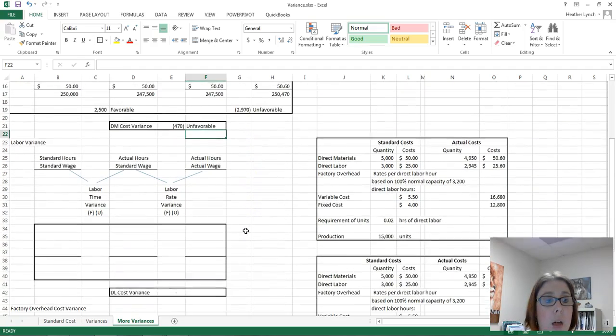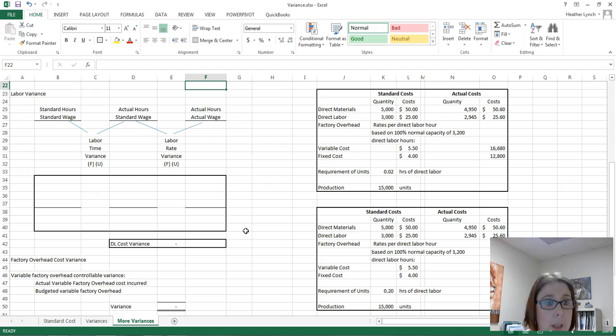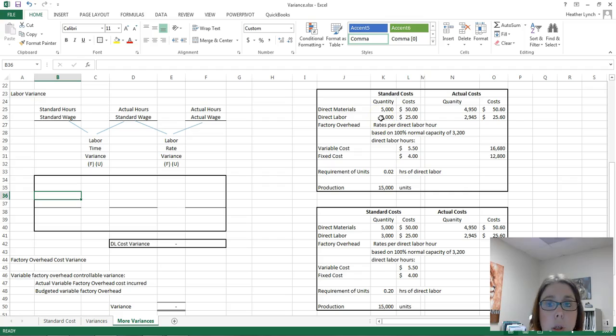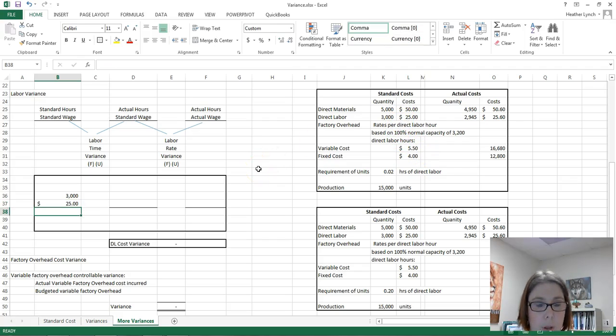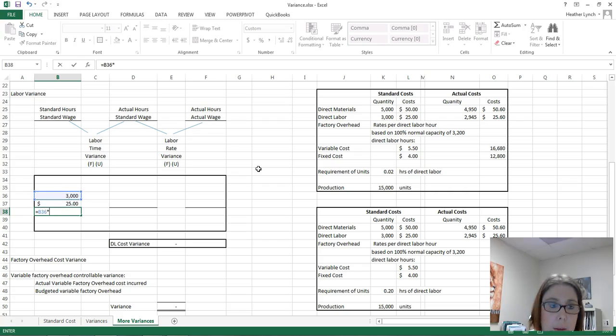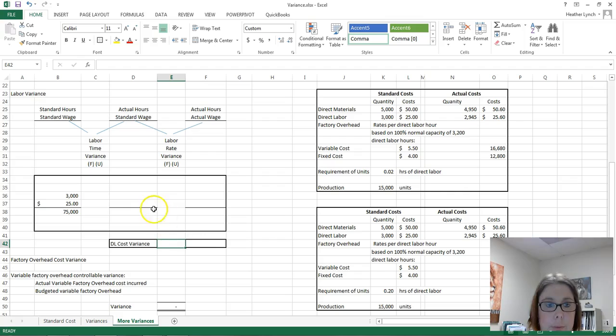So then let's look at our labor. So labor, again, they provide us the information. We didn't have to go through a lot of the calculations. So they provide us that our standard hours is 3,000 hours. Our standard wages is $25. So we can multiply that out.